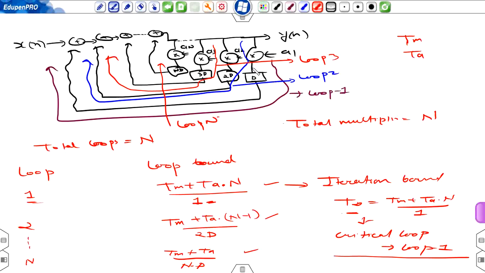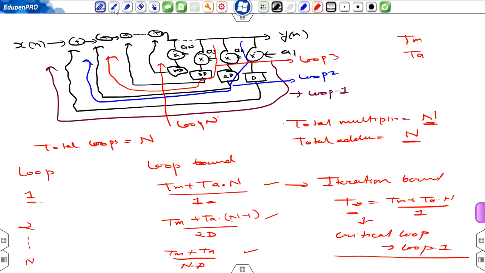Okay, in each branch there is one multiplier, and total adders are also n. So for the considered filter, total multiplication operations are n and total add operations are also n.